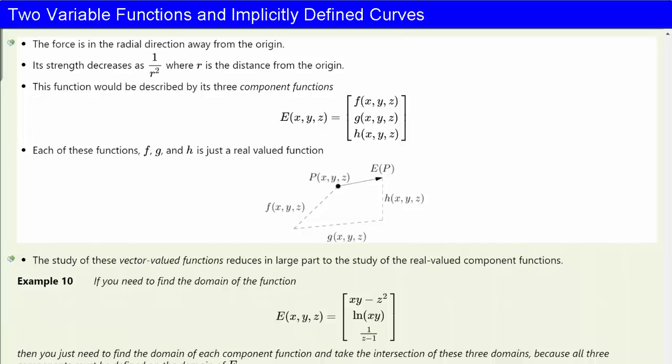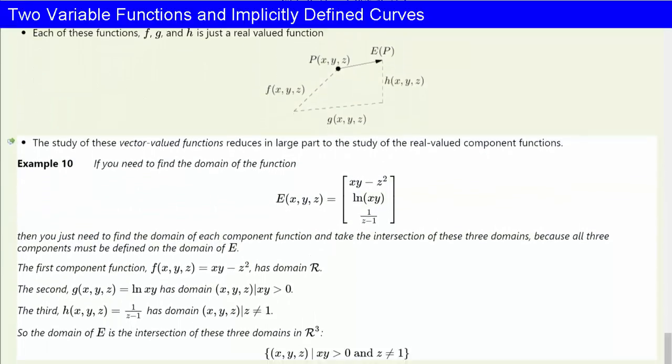So in general, this function would be described by its 3 component functions. E of x, y, and z will be a vector (f, g, h), each depending on x, y, and z. Each of these functions, f, g, and h, is just a real-valued function. So the study of these vector-valued functions reduces in large part to the study of the real-valued component functions.